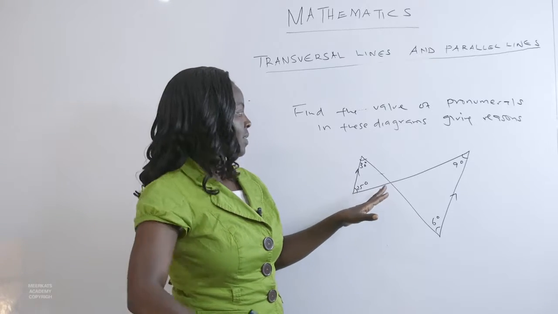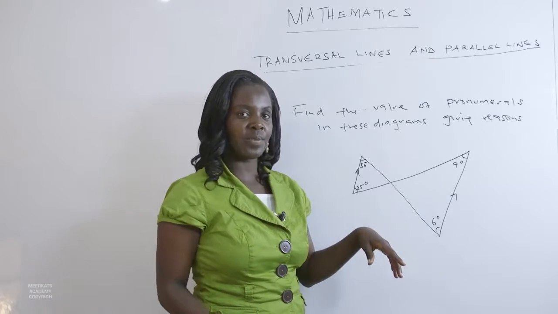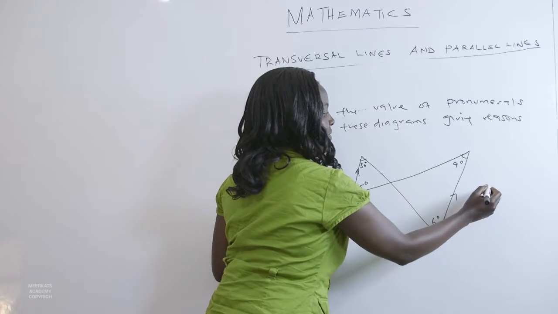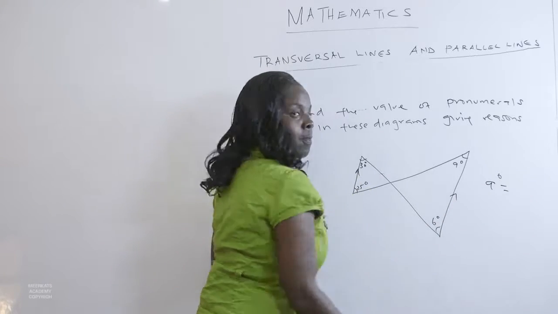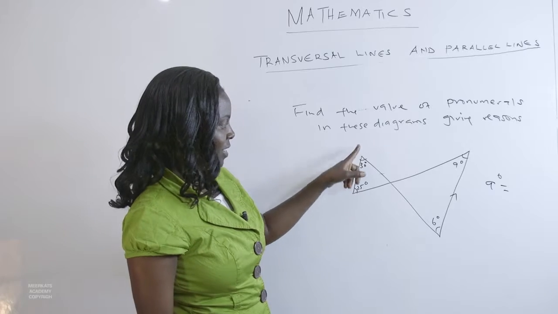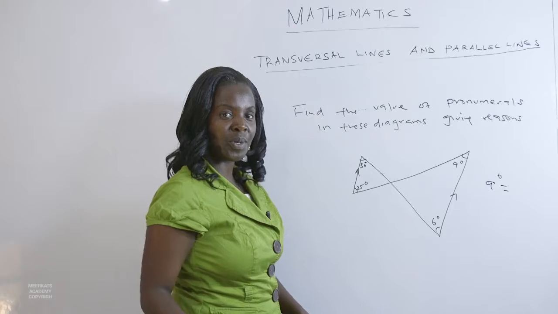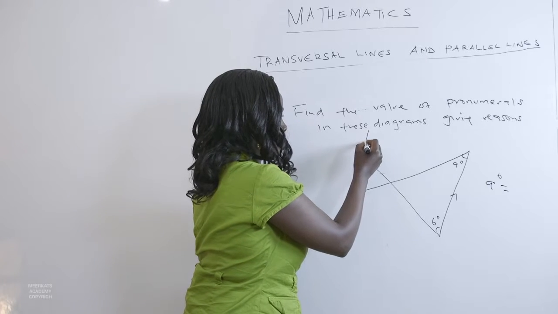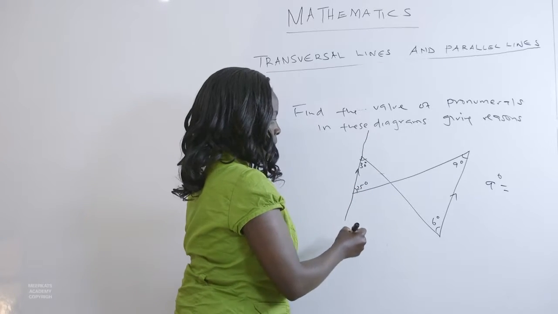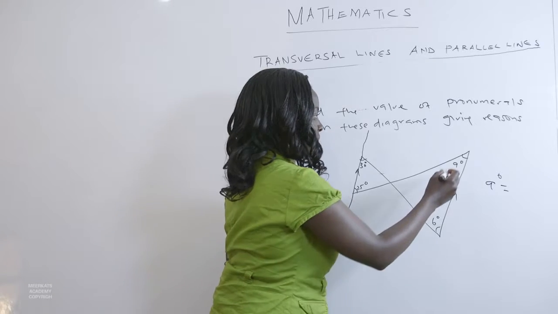So let's find the value of A and B. Let's start with A. What is the value of A? Again, we are given these two lines are parallel. So we extend for us to be able to understand well. Let's extend those lines.